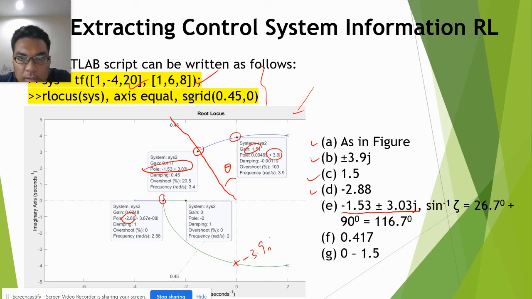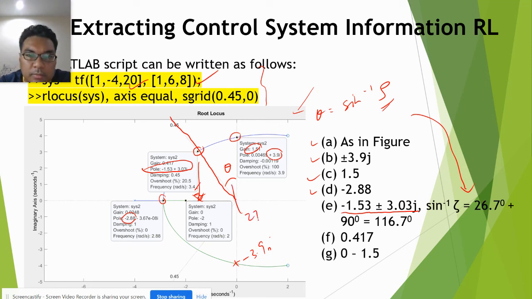And then the theta, you still remember that theta is equal to sine inverse of the damping ratio. So you will get 26.7 degrees here, and plus 90 degrees, so you will get 116.7 degrees. Those are the angles.